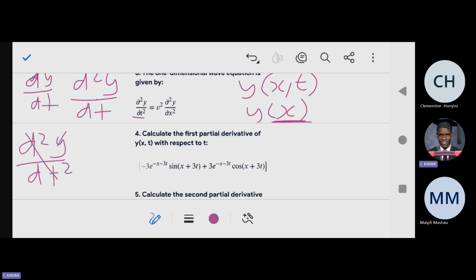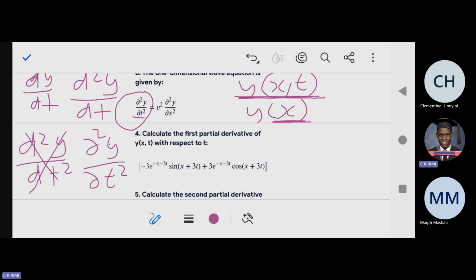This is not correct. Why? Because our function has two variables. So we are supposed to write it like this, which is a partial, the d that is bent like that. The second partial derivative of y with respect to time, which is partial t squared.